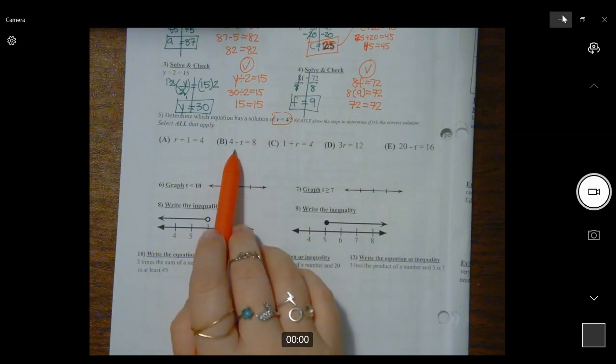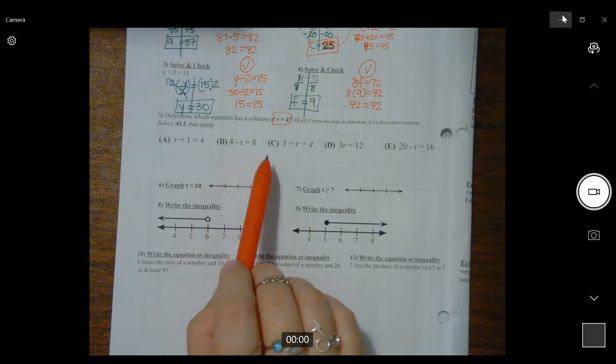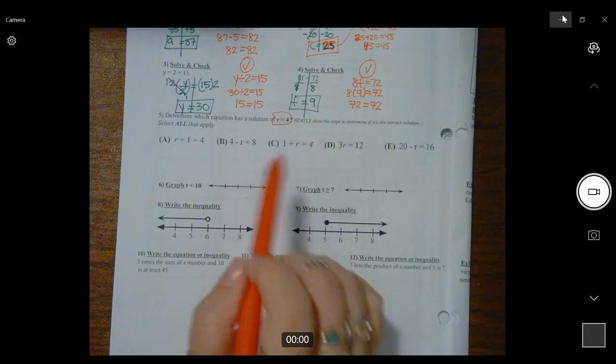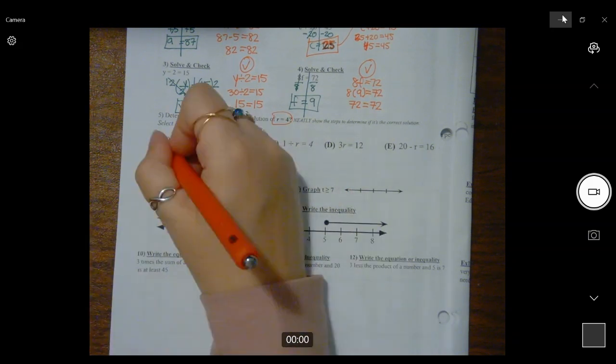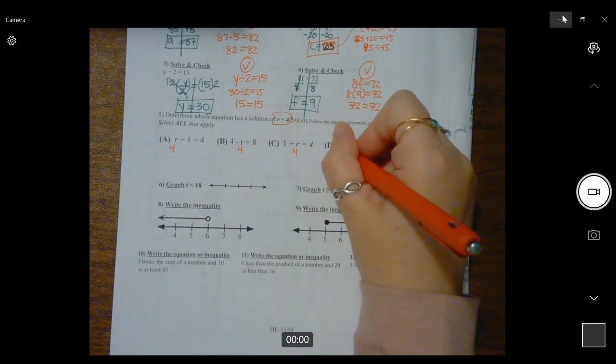Or if r is negative. So we purposely give you ones that you don't necessarily know how to solve just yet, when we already give you the answer. So all you're doing is checking: is 4 the right answer for r?